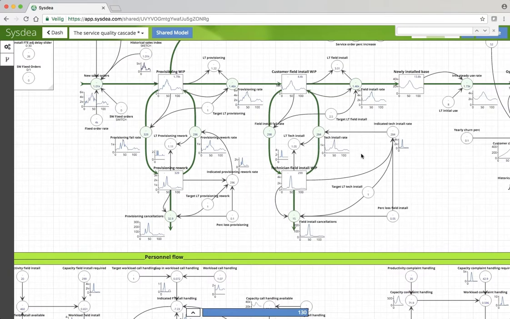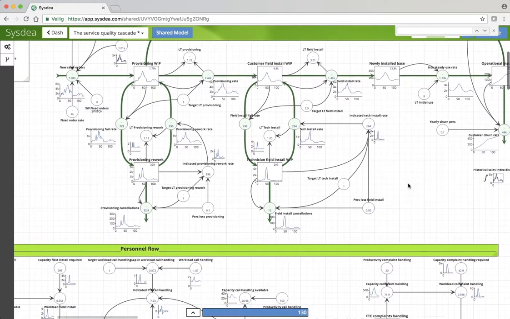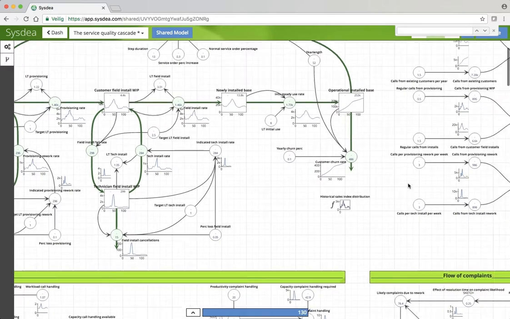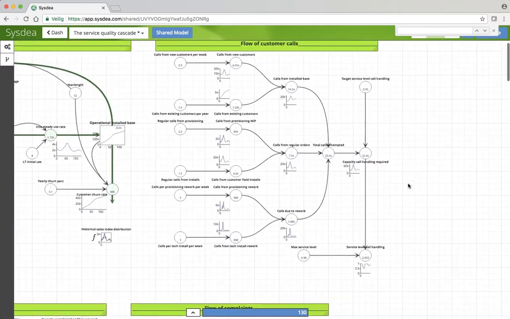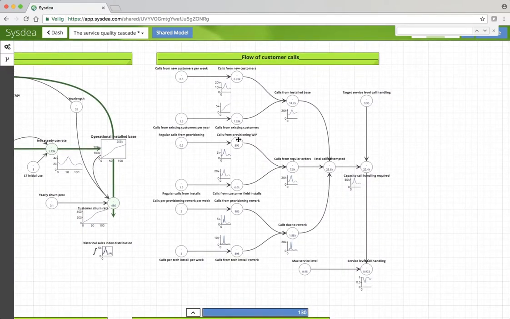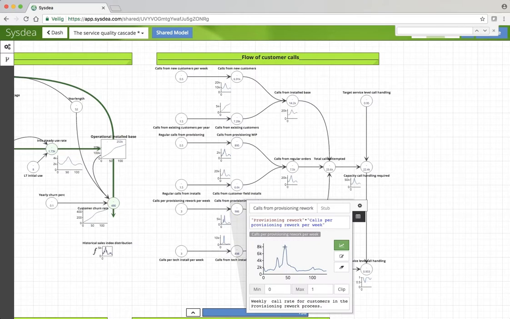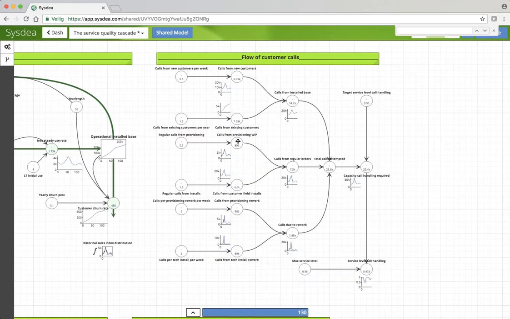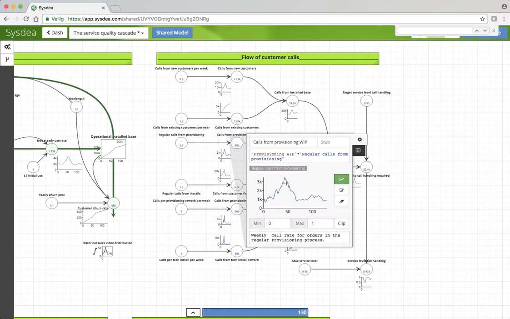These two rework bubbles, if you like, lead to problems, first of all, in customer calls. You see that those calls, especially the calls that come from the rework up here, have quite substantial peaks, but also from the regular flow, which is also a big flow.